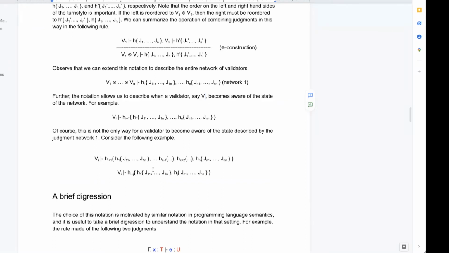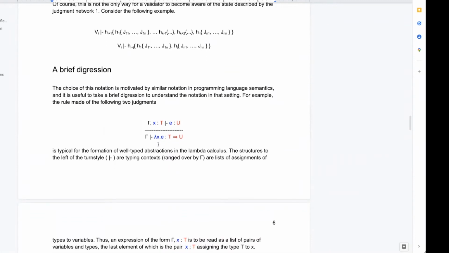So the point of that is just to say that it doesn't have to be the case that VI sees all of these blocks at the very next level. It could be much higher in the graph before it has enough information to see this network state.